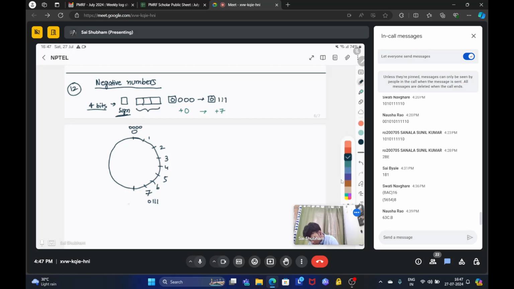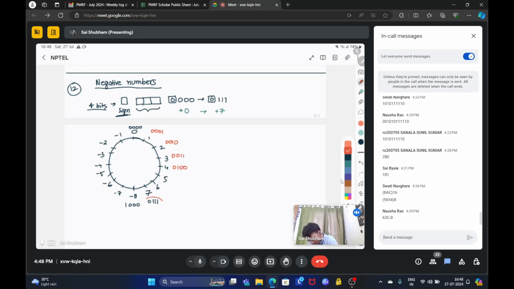After 7, you get a number 1000, which is actually minus 8. Fine. Then you have minus 7, minus 6, minus 5, minus 3, minus 2, minus 1. Okay. So if the numbering starts from all 0, then it will be 0001, like this.